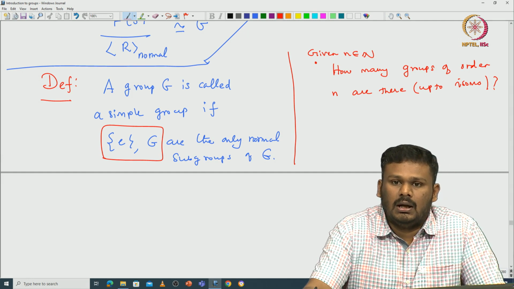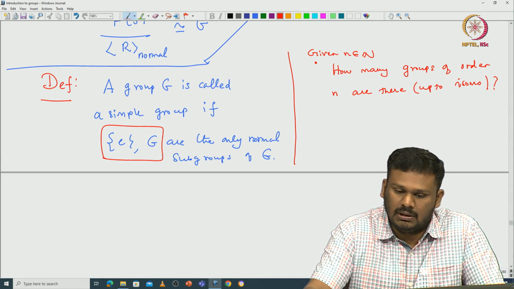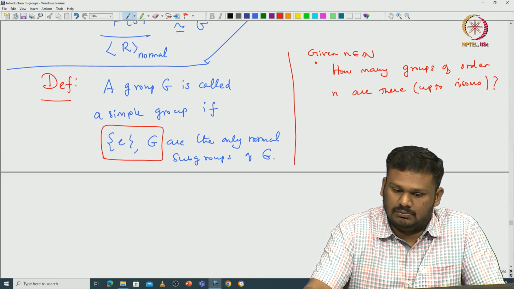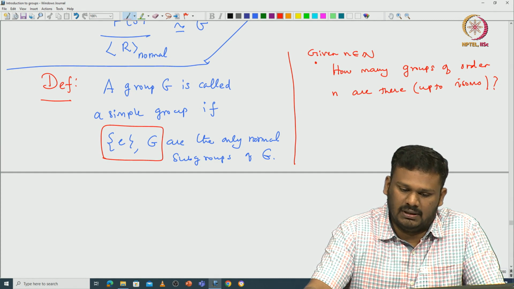We will see later that this is indeed a finite problem, it has a finite solution, and of course it is still wide open how many groups of order n there are for a given n.